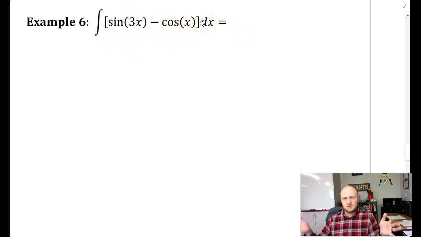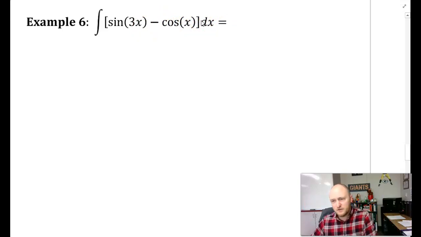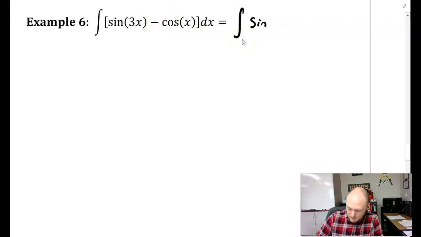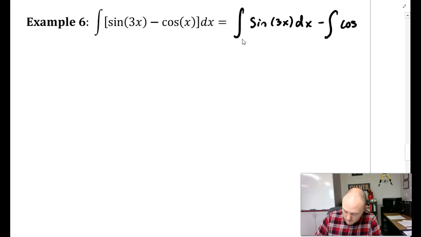We'll get to u-substitution involving trig functions, but not right now. I just want to remind you, if you are adding or subtracting terms, you can represent this as multiple integrals. This is the integral of sine of 3x dx minus the integral of cosine of x dx.